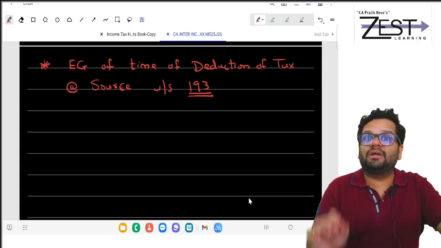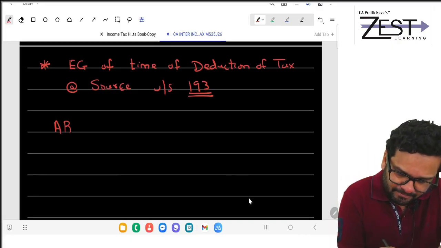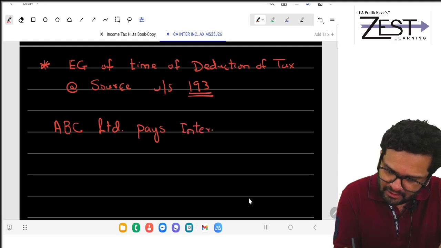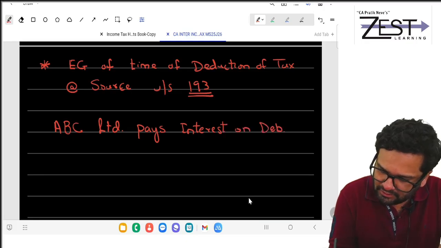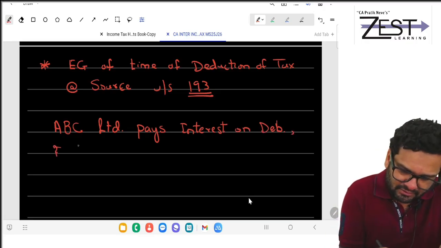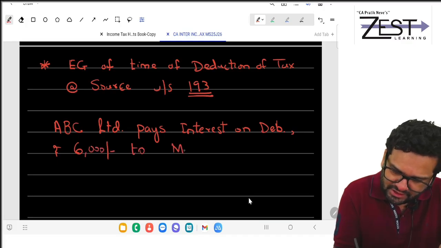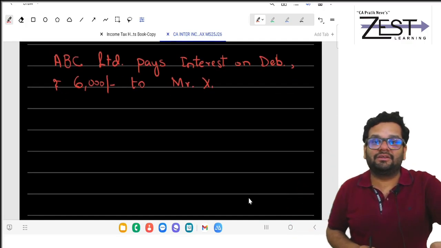Tell me what's the accounting entry? You have a company named ABC Limited. ABC Limited pays interest on debentures of rupees 6,000 to Mr. X, your accountant in this company.